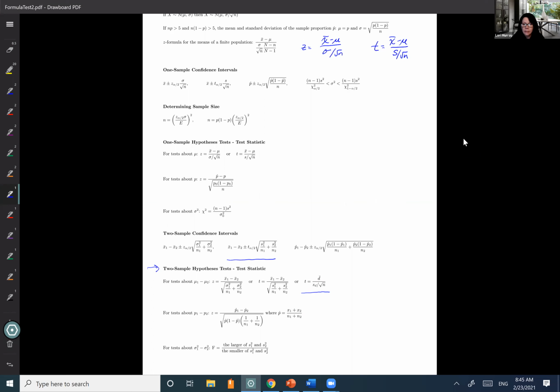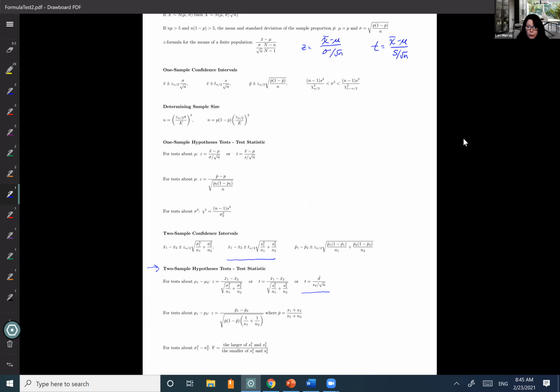So you have D bar, which is the average of the difference, and then the standard deviation of the difference, that's S subscript D, divided by square root N. Okay, so that's when you have dependence. And the other two are if you have independent samples. Two independent samples are for those.